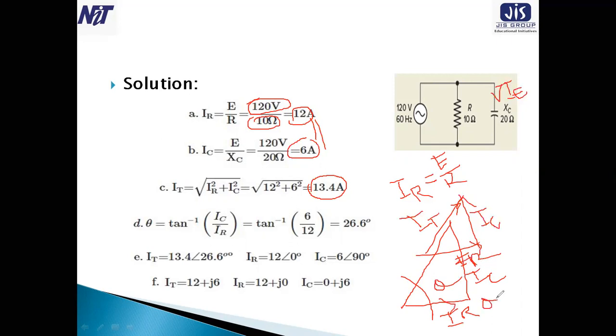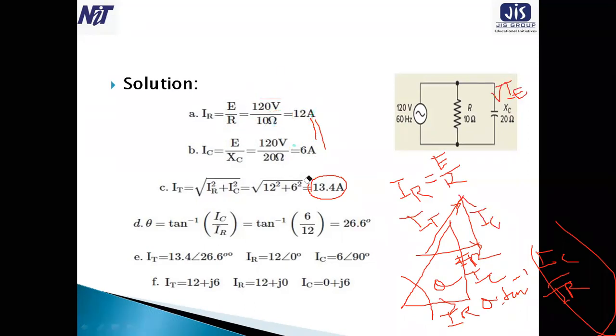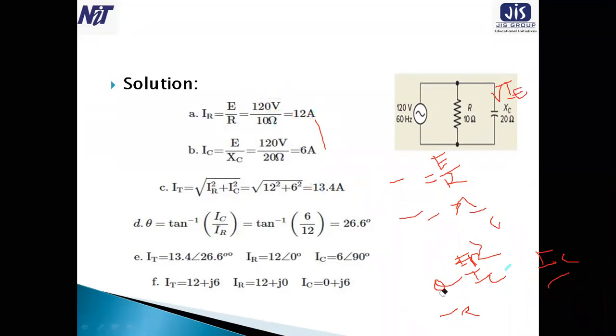So theta equals tan inverse IC by IR. Put the values of IC and IR, 6 by 12, and theta will be equal to 26.6 degrees. So in this way we can find the value of theta also.